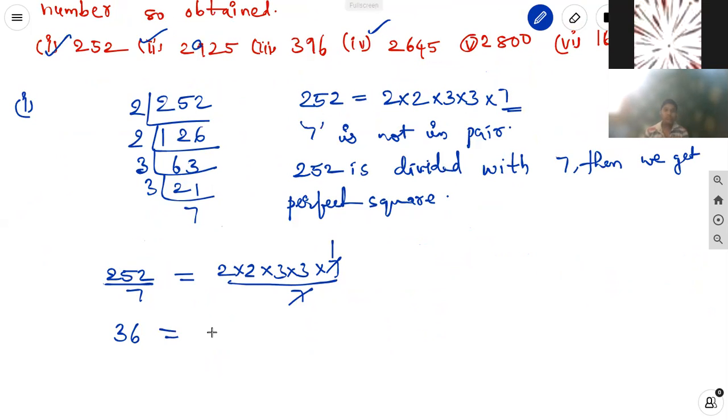It is equal to 2 into 2 into 3 into 3, that is equal to 2 into 3 whole square.